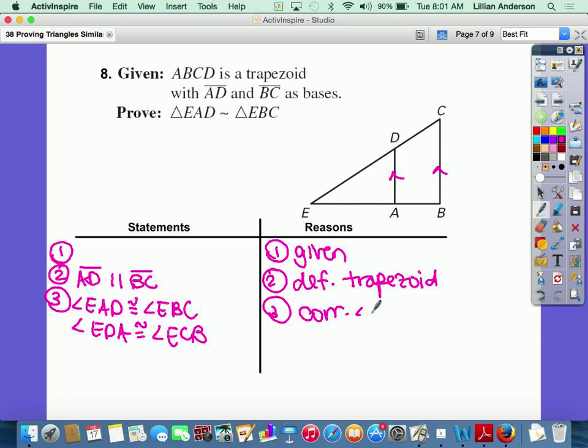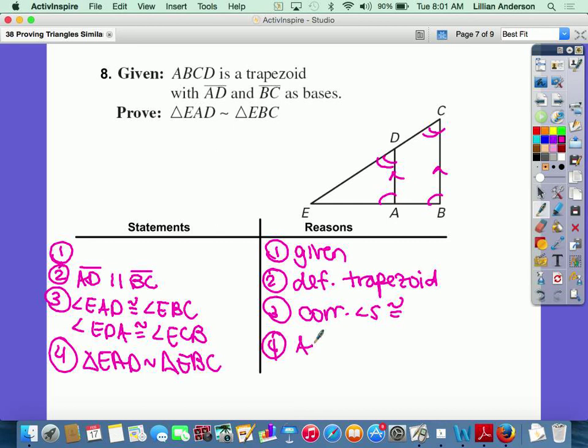Those are corresponding angles, and corresponding angles are congruent if you have parallel lines. So since we just proved that these angles are congruent to each other, that means the two triangles are similar because of what reason? Hopefully you said angle similarity, okay? So again, the given statement, I didn't fill it in because there was a lot to write, but that should go right there.